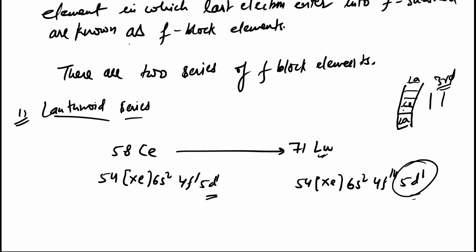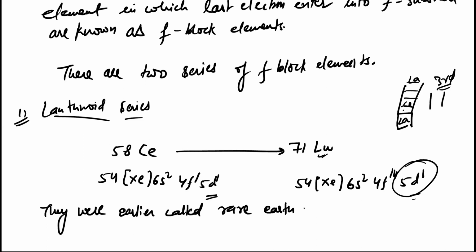Next, they are also called rare elements. Rare earth elements, because they are rarely found. So we can say that they were earlier called rare earth metals.